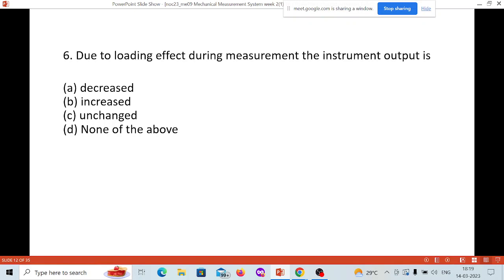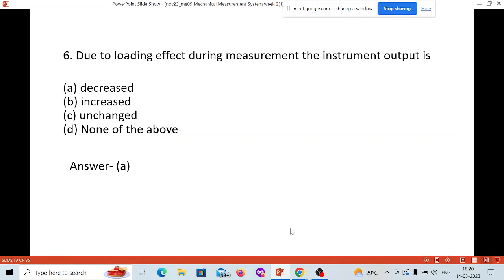So the reading will be different from the actual temperature. The thermometer puts an additional load on the system in which the temperature has to be measured. That acts as a loading effect. In this case, the instrument output will decrease because of the additional load put by the instrument. So the answer will be A. Due to the loading effect during measurement, the instrument output is decreased.